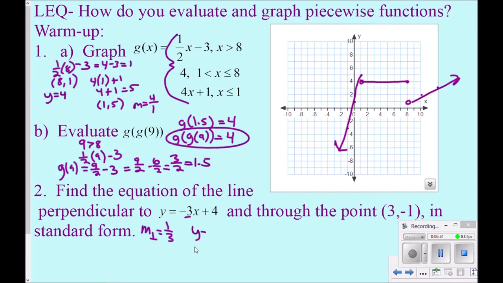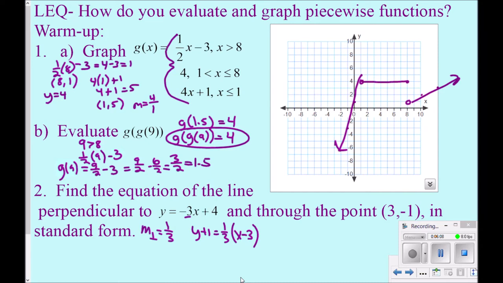So y minus y1, well, y minus negative 1 is y plus 1, equals, and we just said 1/3, times parentheses x minus x1, which is 3. So that's my equation in point slope.